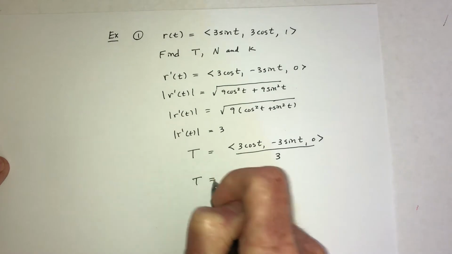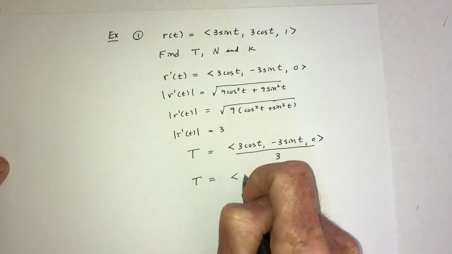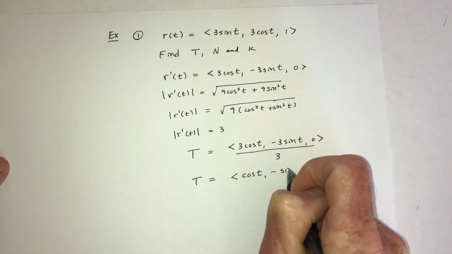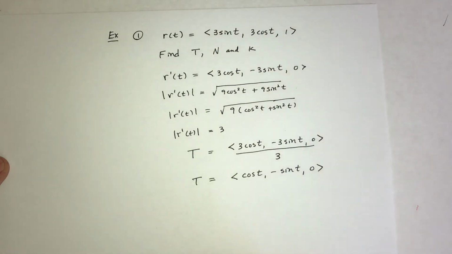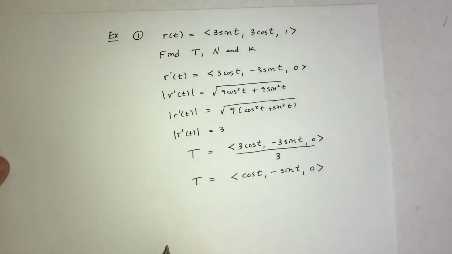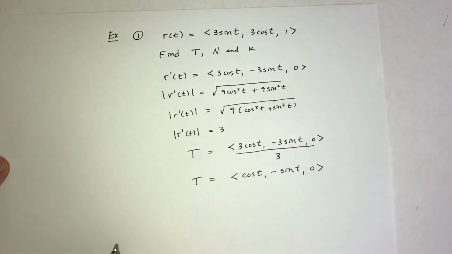So in other words, the unit tangent vector, you can cancel out the 3's, will be cosine of t, negative sine of t, comma 0. All right, that is the unit tangent vector. And it's a unit vector because if you find the length of this, the length will equal 1.